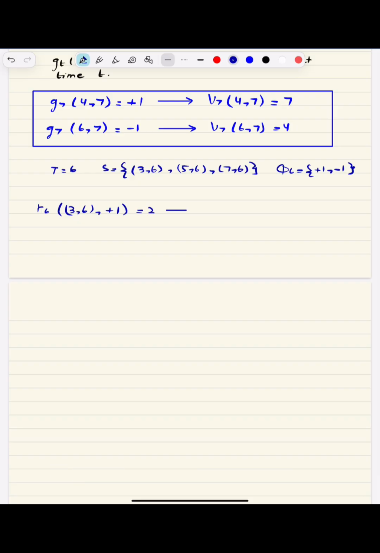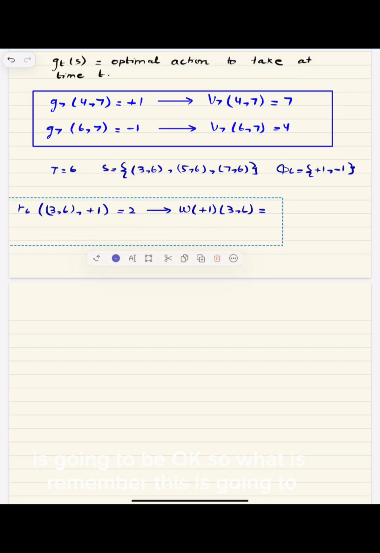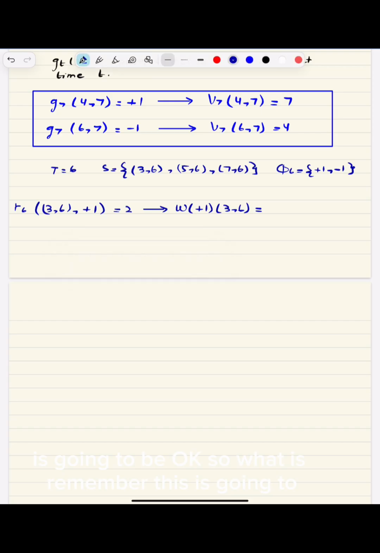So the revenue at taking a right from the node 3 6 is going to be, remember, this is the reward that I'm getting at time 6, and also the reward that I'm going to get when I end up at time period 7.